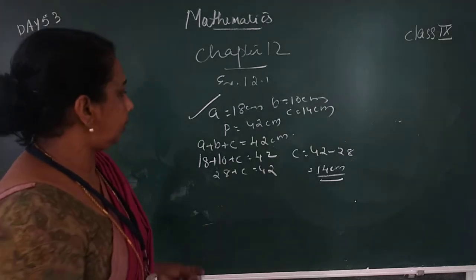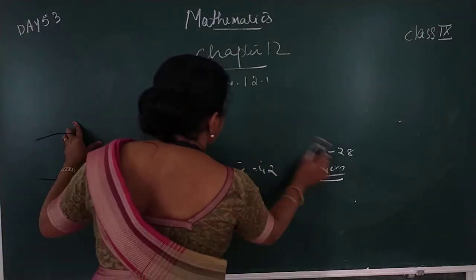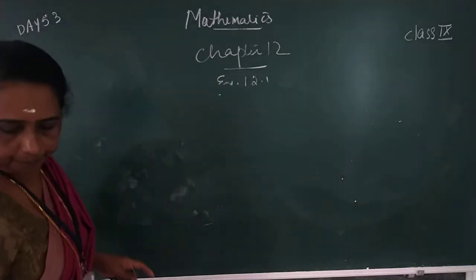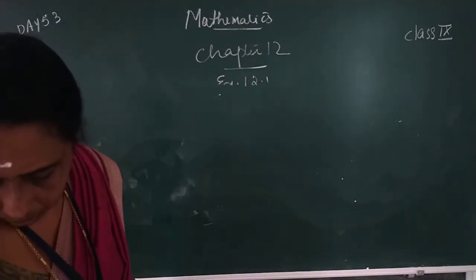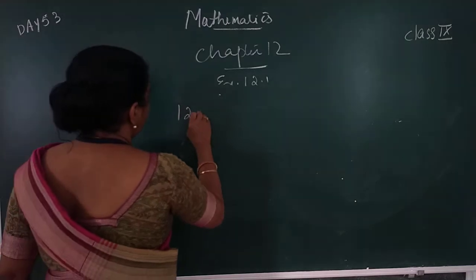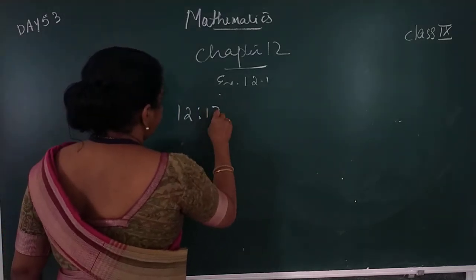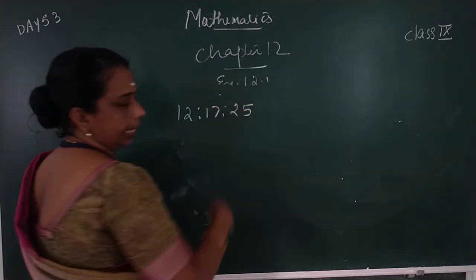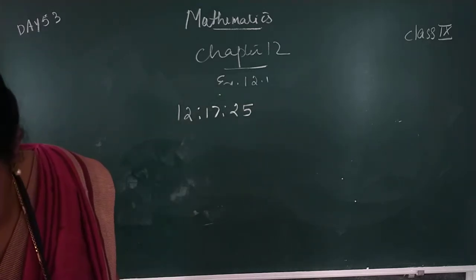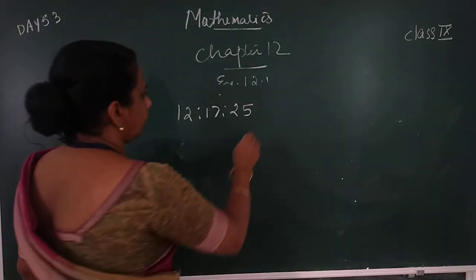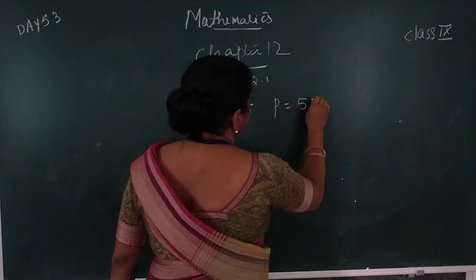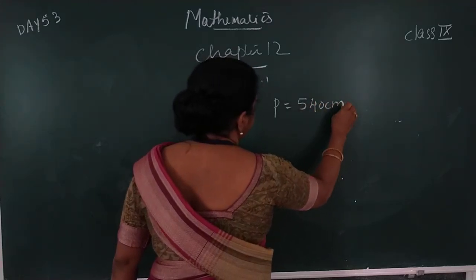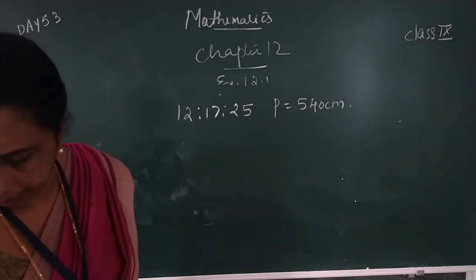So we can let the common ratio be taken as x. Sides ratios are given and perimeter is 540 cm.